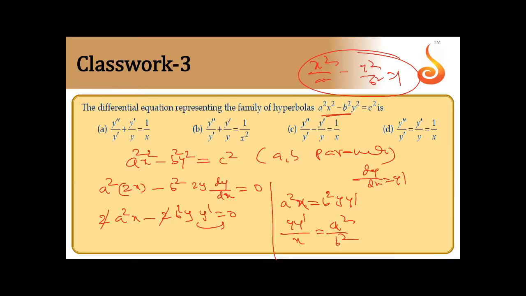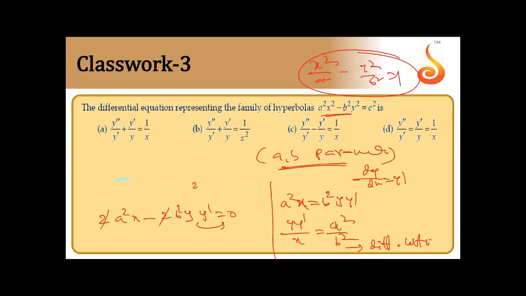Now we can differentiate to get the right side value, because a and b must be eliminated. There are no a, b, c values in the answer, so you have to eliminate the a and b values. Now we differentiate again with respect to x. On the left side you can apply the u by v rule. This is d by dx of y dash by x.